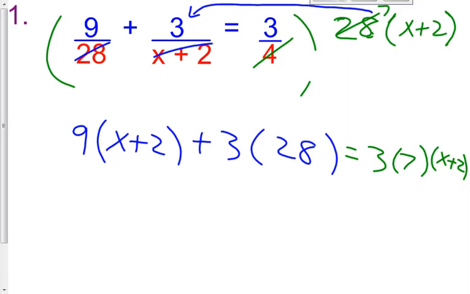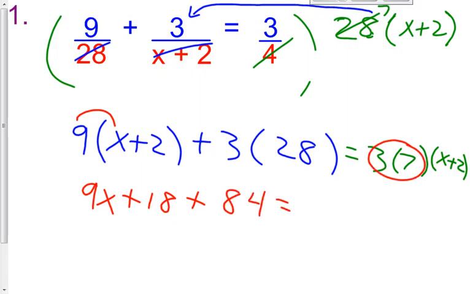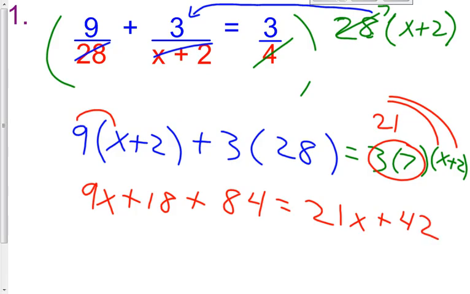First, let's distribute. So we have 9x plus 18 plus 3 times 28, which is 84. That equals, and this is basically 21, correct? So now we're going to distribute the 21 to get 21x plus 42.